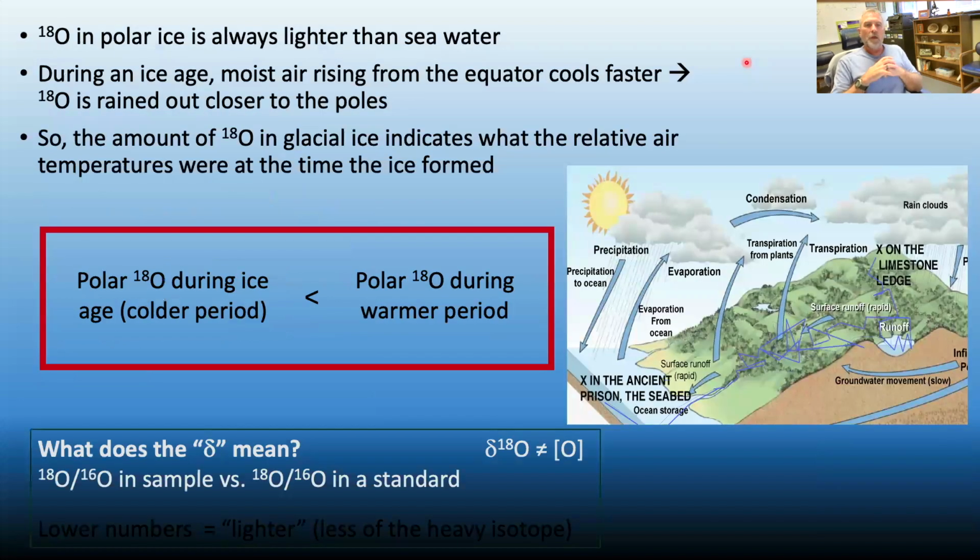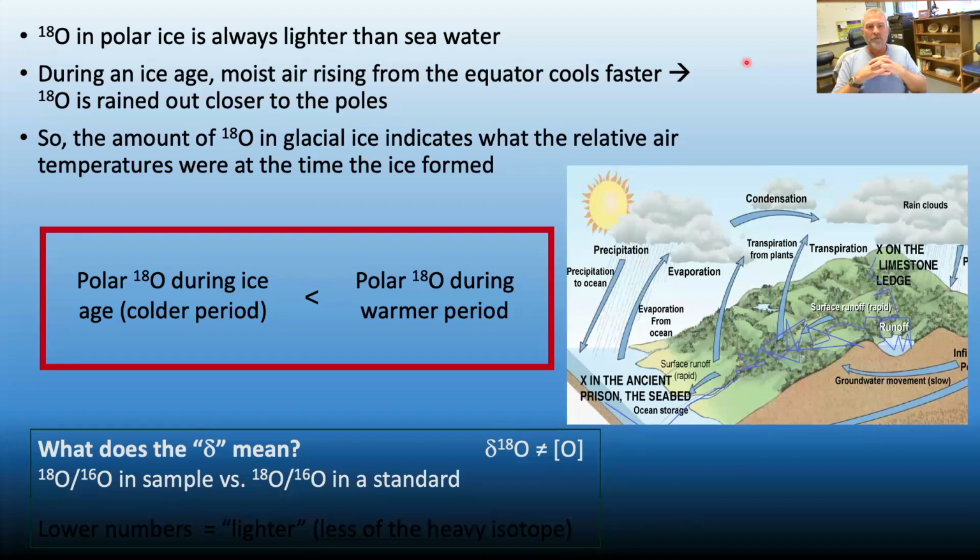All right. So the oxygen 18 in polar ice is always lighter or less than it is in seawater. During an ice age, moist air rising from the equator cools faster and is rained out, so as that air moves closer to the poles, it becomes less.